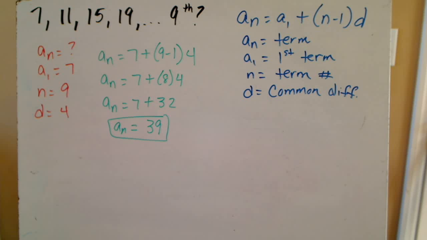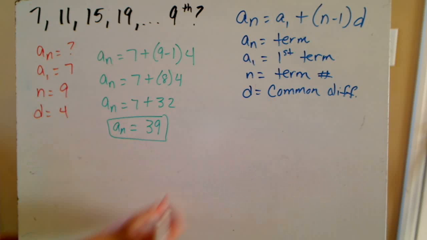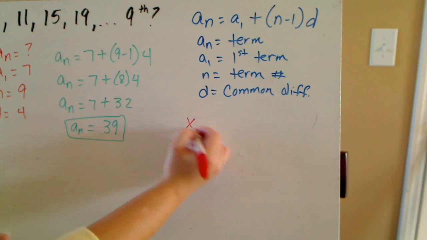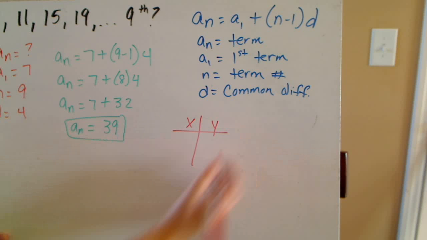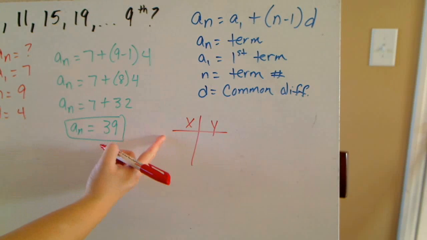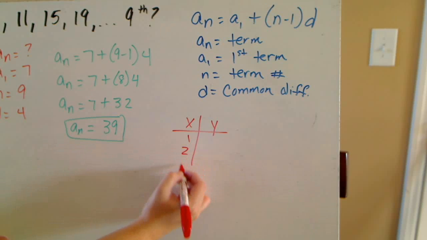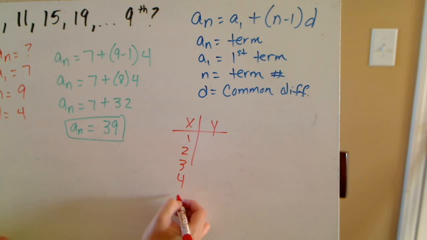If we wanted to graph these terms, and I'm kind of skimming over some of the notes, then you can make a table, or you can actually just use what you have. For example, our x and our y. x is the term number: 1, 2, 3, 4.